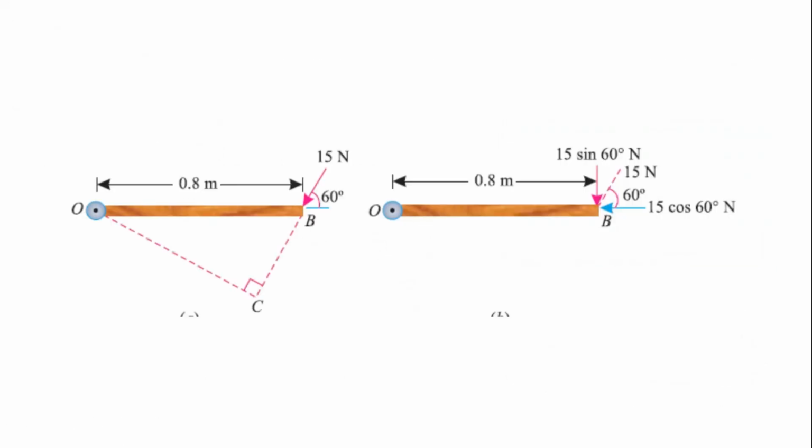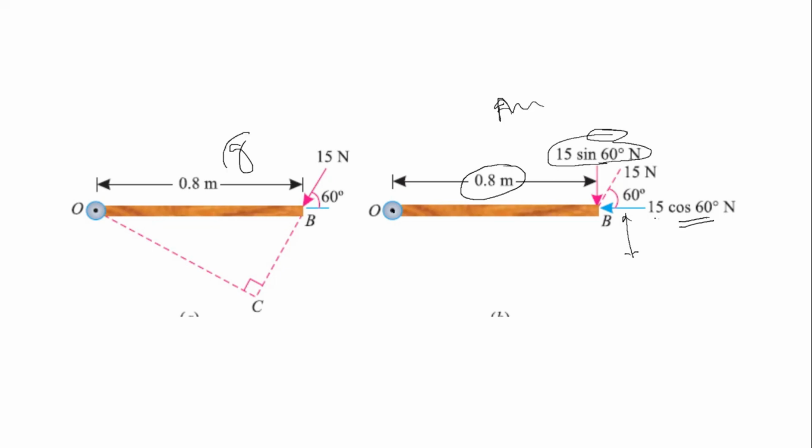See, this is the graphical method and this is the analytical method. Already I told you the 15 Newton is divided into two components, one horizontal and the other vertical, right? So the moment is force into perpendicular distance, that is 15 sin 60 degrees into this distance. If we take 15 cos 60 degrees, then the perpendicular distance is equal to 0 with respect to this point, right? So this is graphical and this is the analytical method.